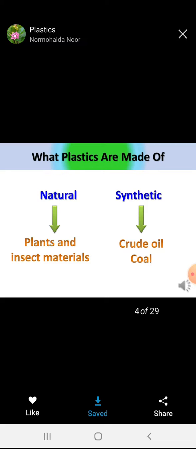Plastic means any kind of synthetic material which comes from crude oil, and natural plastic comes from plants and insect material. From these two sources plastics are made.